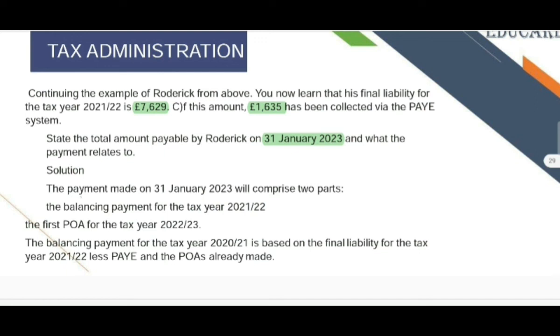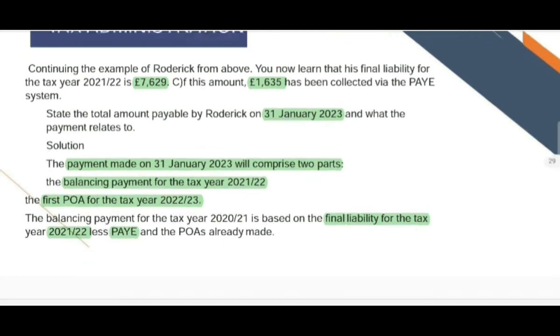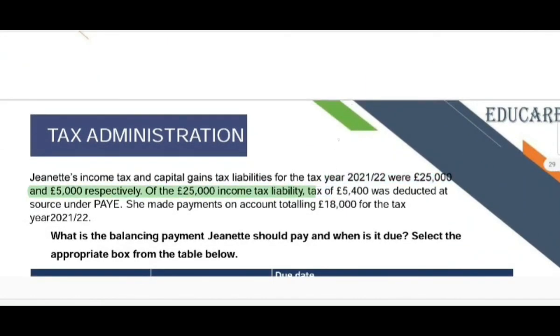we need to calculate. The payment made on 31st January will comprise two parts. First, the balancing payment for the tax year 21-22, and the first payment on account of the tax year 22-23. How to calculate the balancing payment for the tax year 21-22? That is based on the final liability of the tax year 21-22 less pay as you earn and payments on account already made.